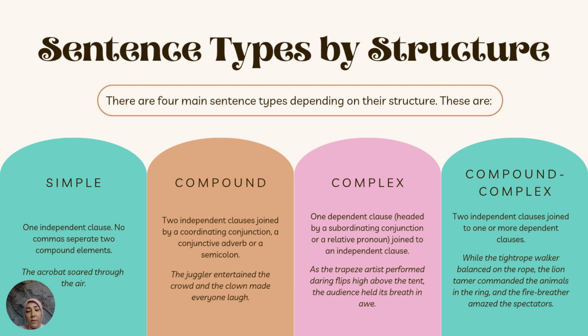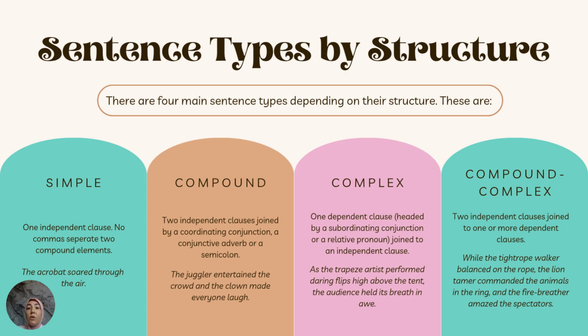Now let's move to the types of sentences classified by their structure. Simple sentences, compound, complex, and compound complex. So, simple sentence is one independent clause, one subject and one verb, no commas separate two compound elements. Example, the acrobat soared through the air.